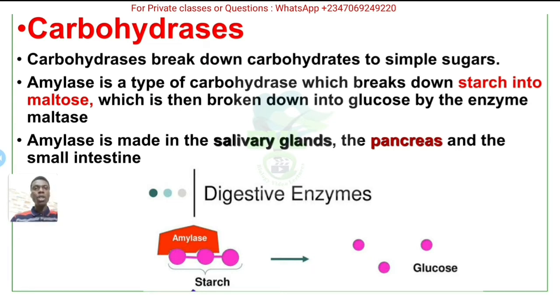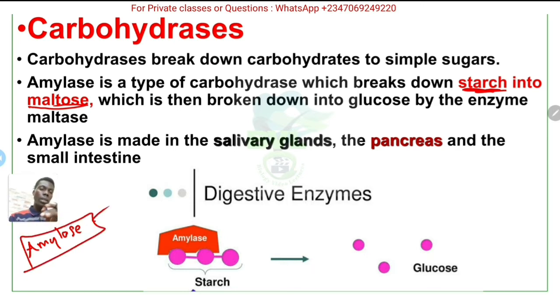Now let's look at this. There's a category of carbohydrases called amylase. It's a type of carbohydrase which is known to break down starch into maltose, which is then broken down into glucose by an enzyme called maltase. Now hear this. Any enzyme that can break down starch is called amylase. Then this amylase breaks down starch into disaccharides.